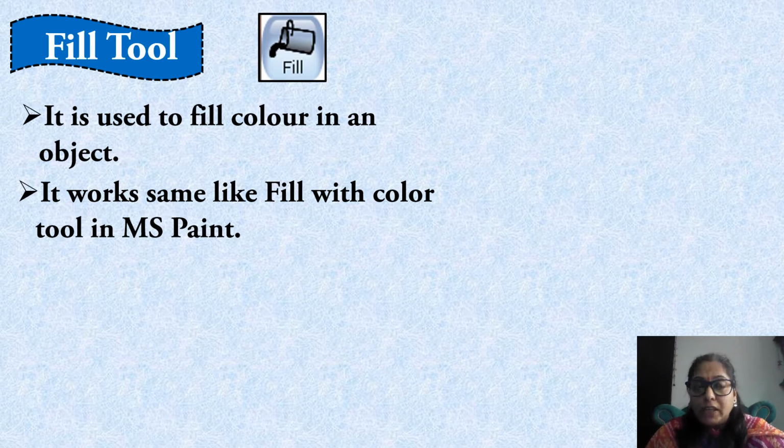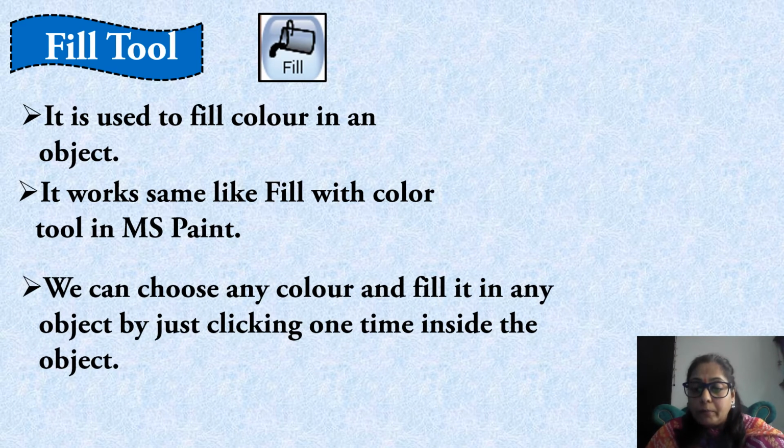We can choose any color and fill it in any object by just clicking once inside that object. For that, we have to click inside the object in which we want to fill color. Now let's see how fill tool works in TuxPaint.